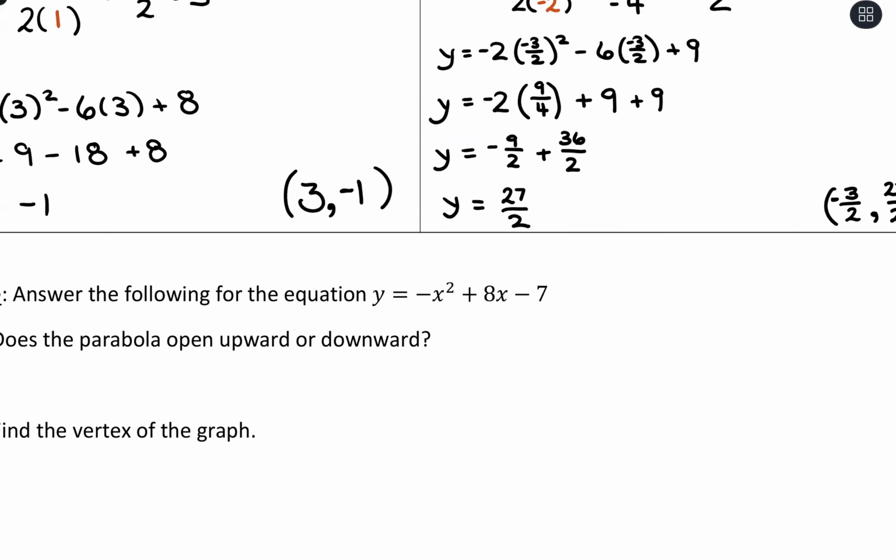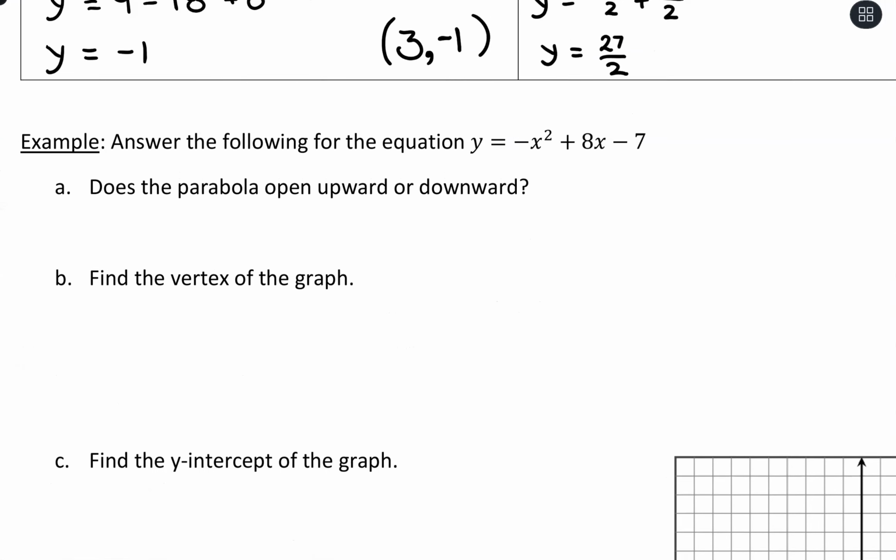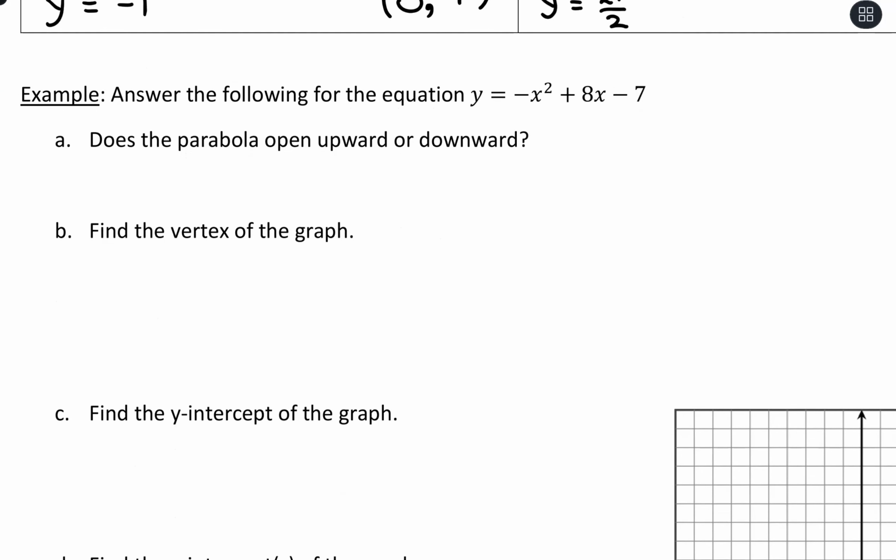Okay, so let's look at another quadratic equation here and go through our pieces, this time finding our vertex. Opening upward or downward: we have a equals negative 1, b equals positive 8, and c equals negative 7.